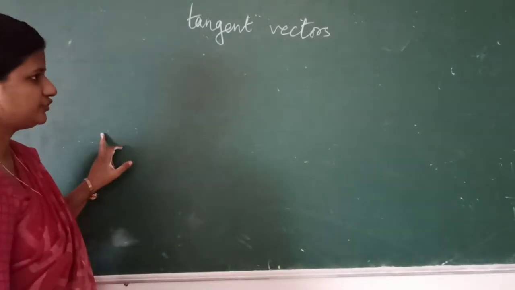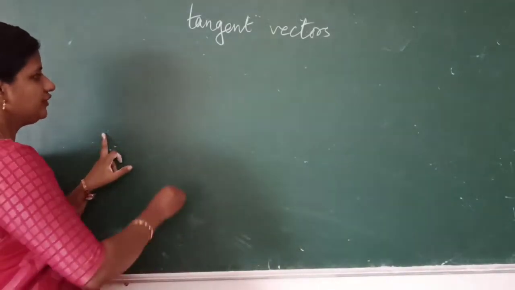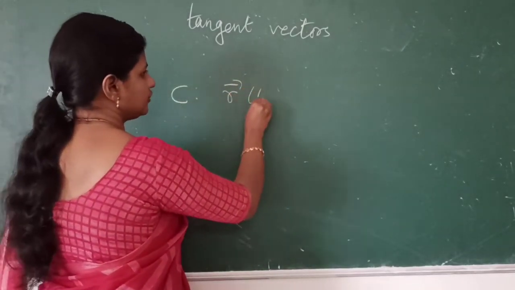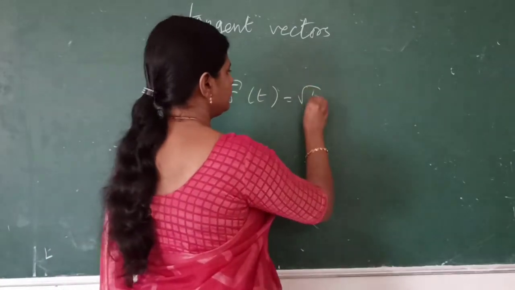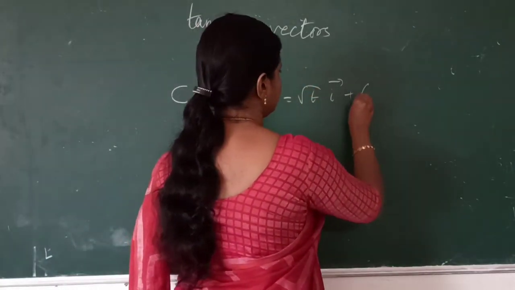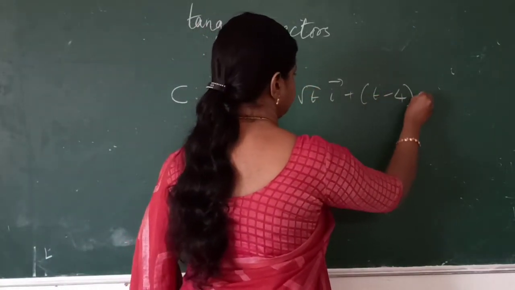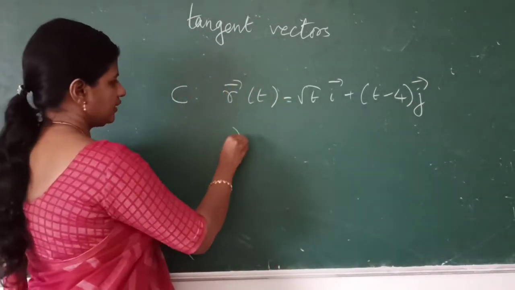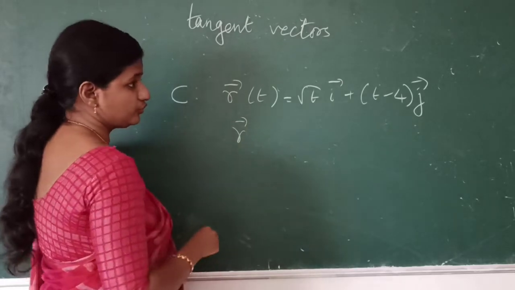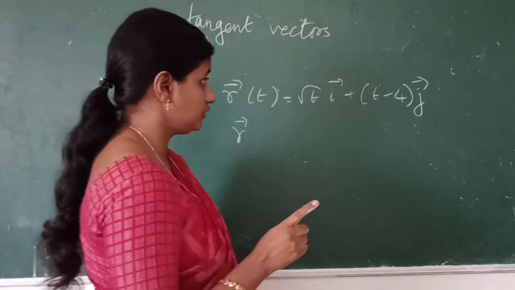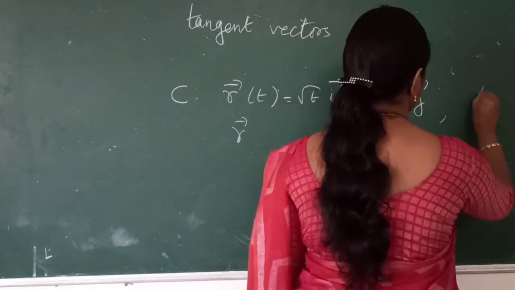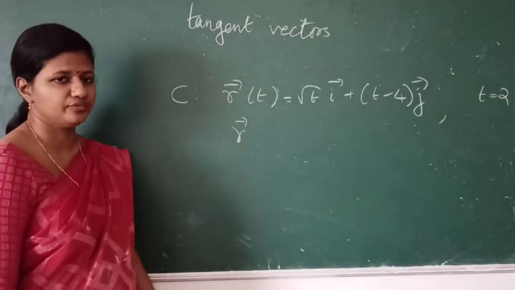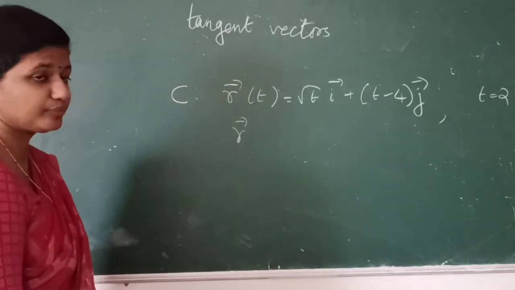We want to find the tangent vectors of the curve traced by the parameterized curve r of t is equal to root t i plus t minus 4 j. So here r bar dash of t, and we want to find its tangent vector at t is equal to 2, and also sketch the curve and plot the vectors r of 2 and r bar dash of 2.